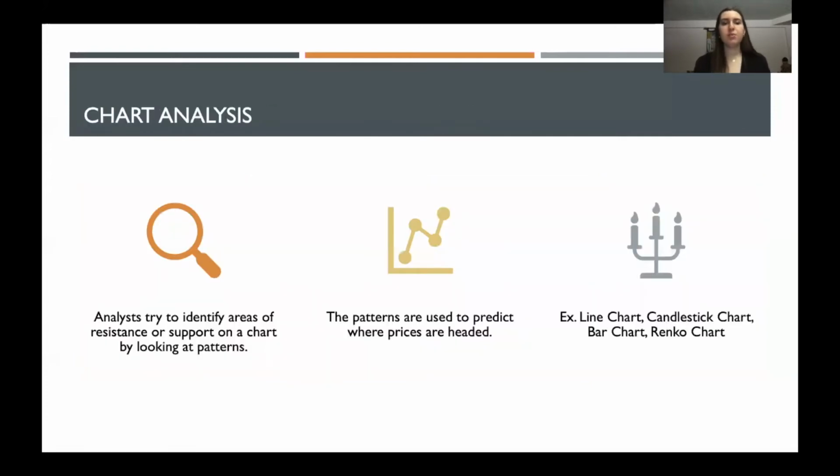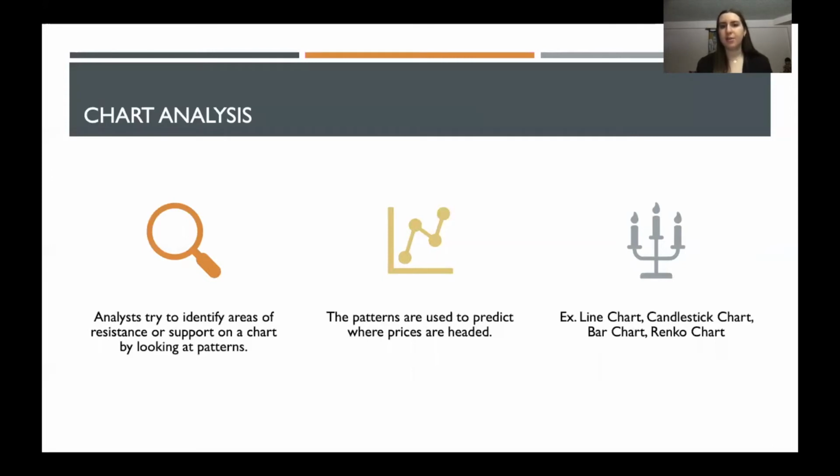So as mentioned previously, one of the main sectors of technical analysis is chart analysis. Chart analysts try to identify areas of resistance or support by actually looking at a visual chart. This could be, for example, a line chart, a bar chart, or a candlestick chart, which is one of the most commonly used.